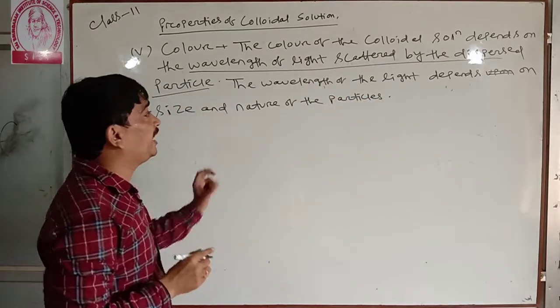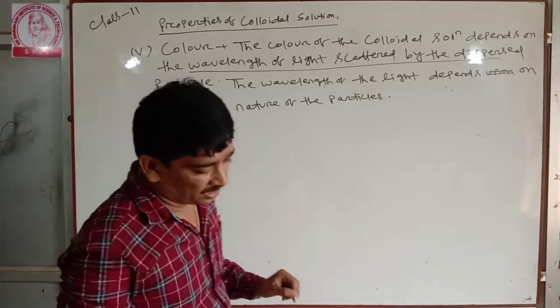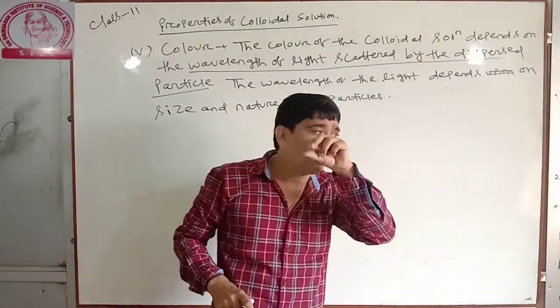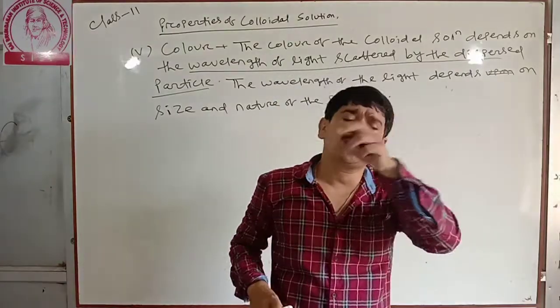The wavelength of the light depends on the size and nature of the particle. And a colloidal solution may show different colors when seen by reflected light and transmitted light.